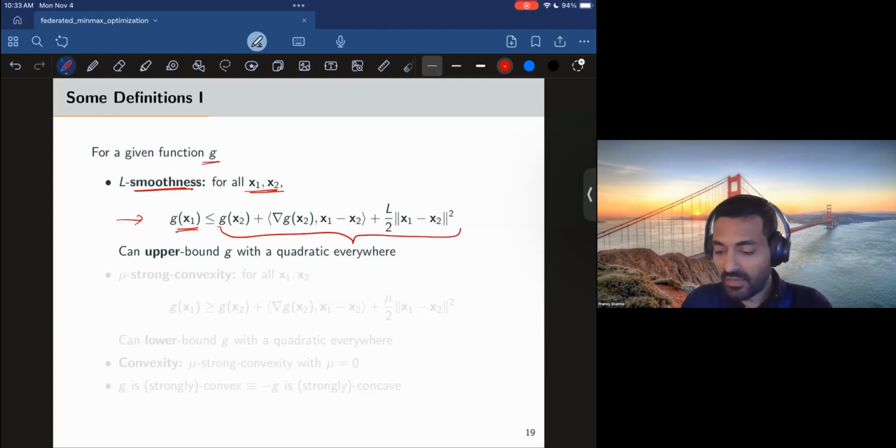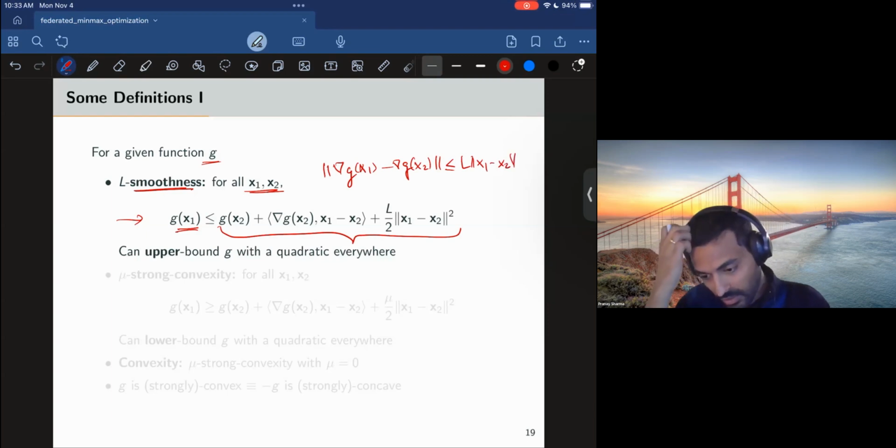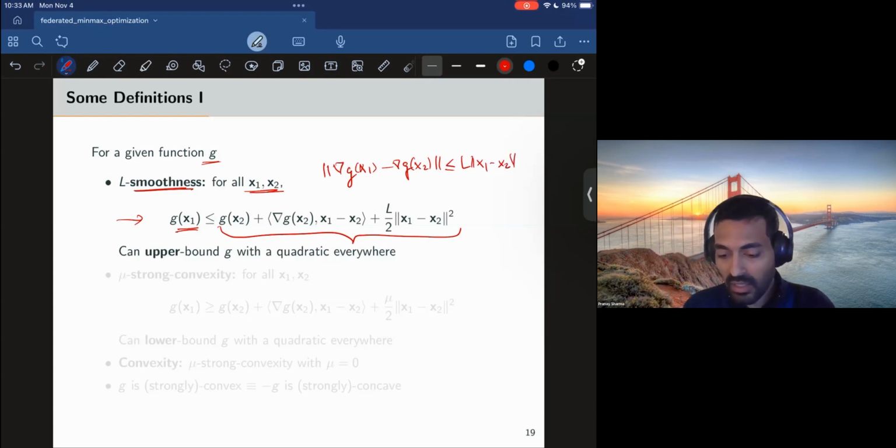You might have seen the definition of smoothness which depends on this kind of inequality. It turns out that both these definitions are equivalent. So smoothness implies that at every point, the function can be upper bounded by a quadratic function. As you can see, this is a quadratic function.